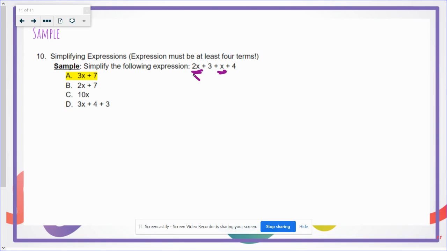So in this case, I can put my 2x and x together to make 3 x's. If I have 2 xylophones here and 1 xylophone here, that makes 3 xylophones. And then I'm adding together 3 plus 4, which would give us 7. So that simplifies to 3x plus 7.